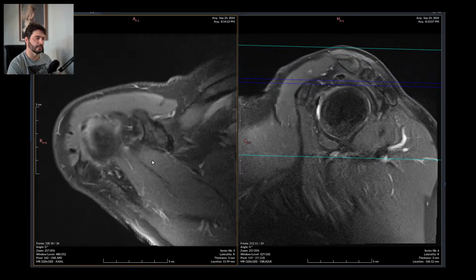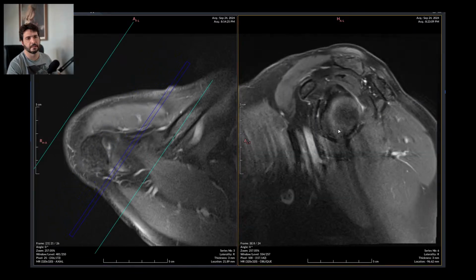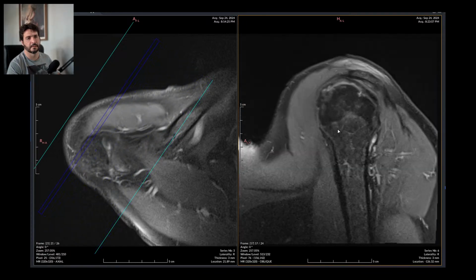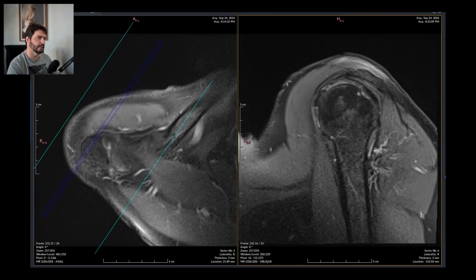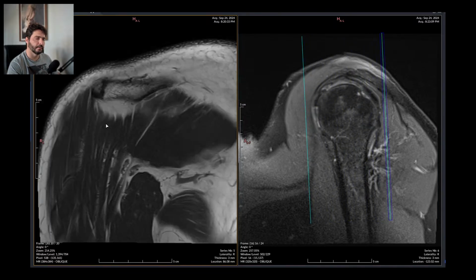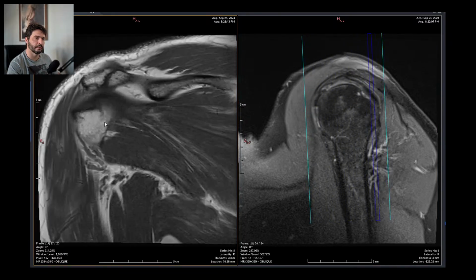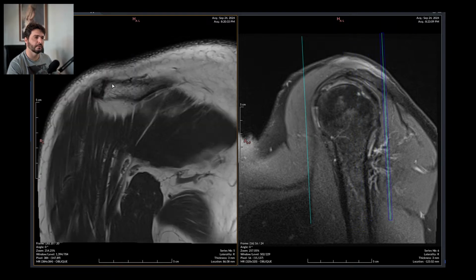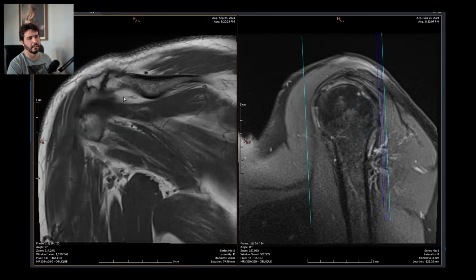It's prone to degenerative disease, as it is. Or maybe this is a fracture. It's some kind of an old fracture of the clavicle. Yeah, no, this is a pseudoarthrosis of the clavicle.